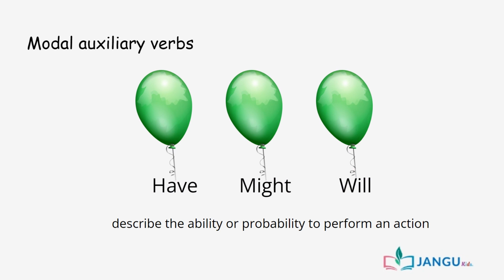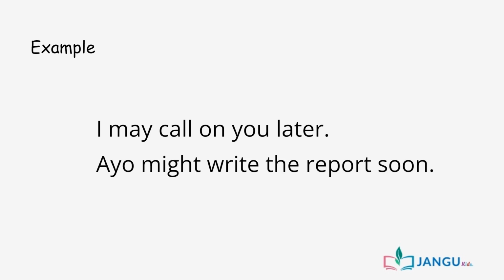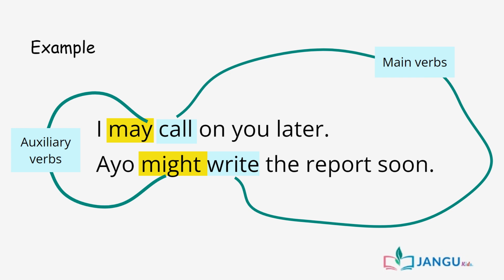These auxiliary verbs help the main verb by letting the reader know when the action occurred. For example, in these sentences, I may call on you later and Ayo might write the report soon. The words may and might are auxiliary verbs that help the main verbs call and write to express when the action is expected to happen.